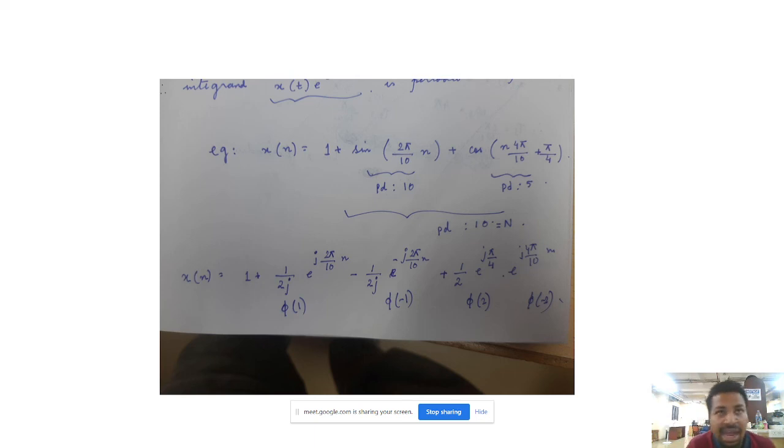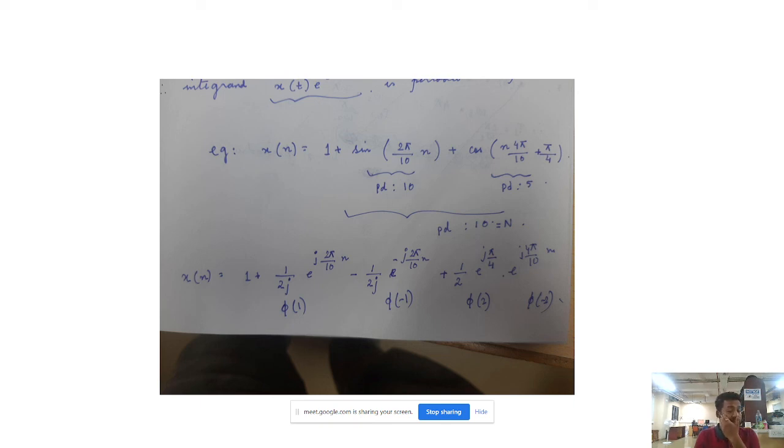You can try these simple manipulations in your copy, and if you face any problem, you can tell me. So sine theta can be written in terms of complex exponentials as 1 by 2j into e to the power of j theta minus e to the power of minus j theta, and cos theta as 1 by 2 into e to the power of j theta plus e to the power of minus j theta.